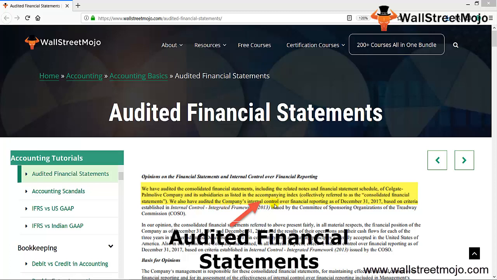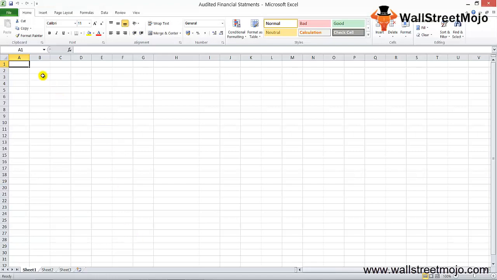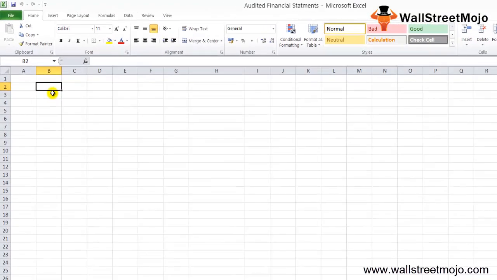We also have audited the company's internal control over financial reporting for the following year based on the criteria. So, as you saw, this is basically the report where the auditor's opinion is contained.